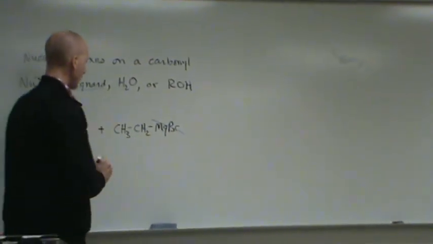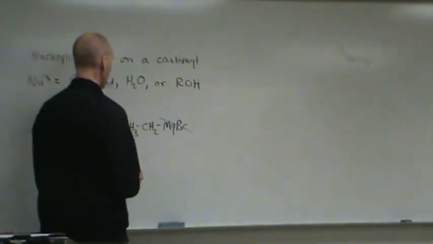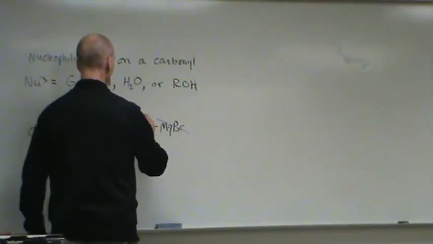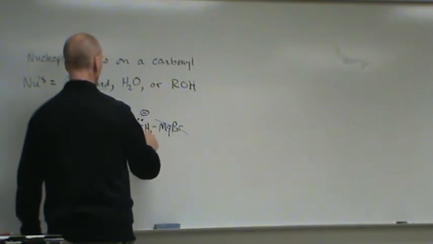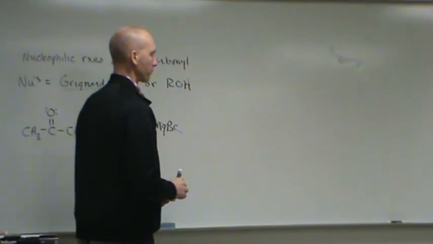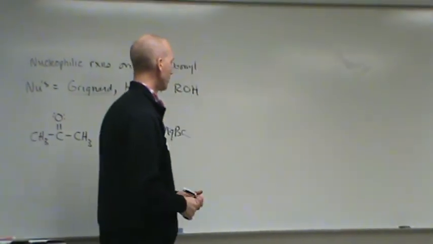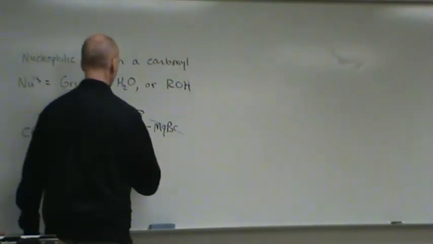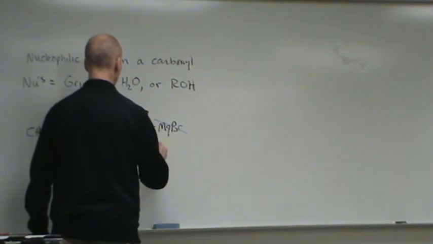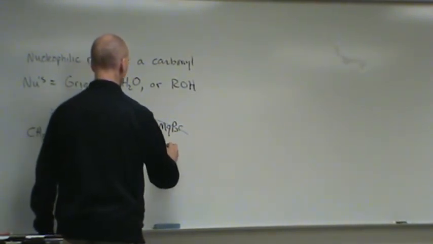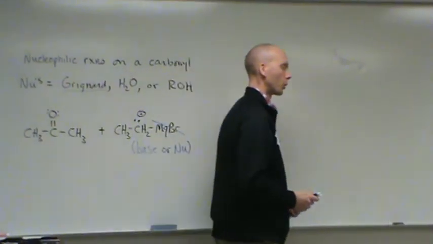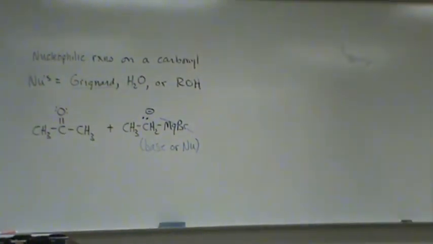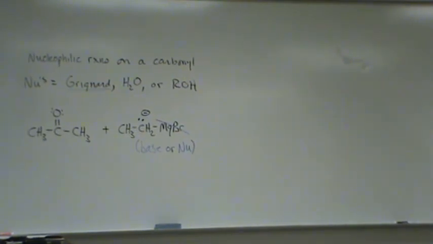After you cross it out, put a lone pair on the carbon atom. So this thing will act as a base, or in this case, like you guys were saying, a nucleophile.